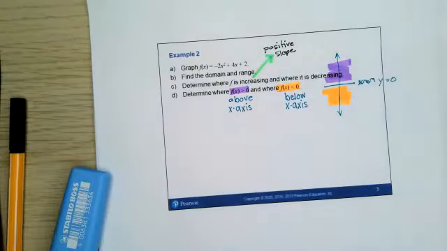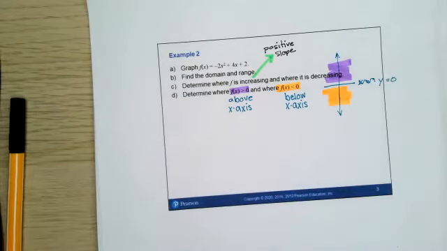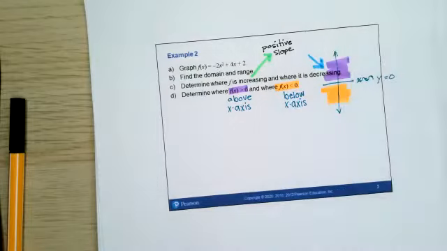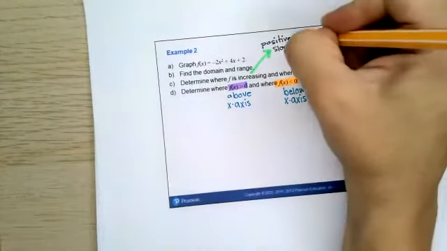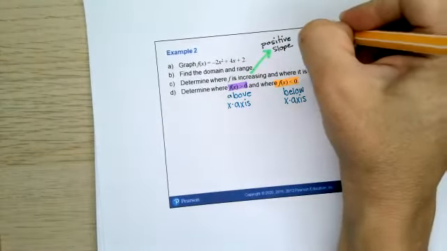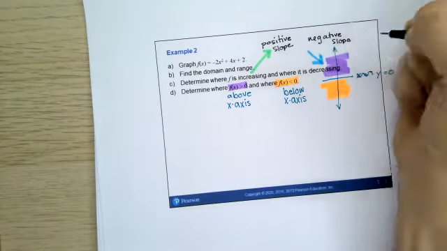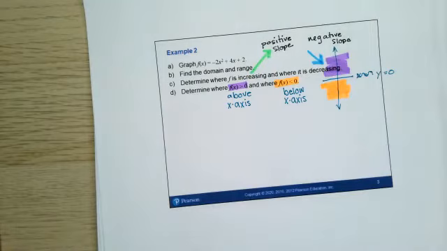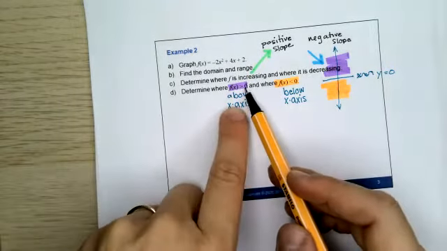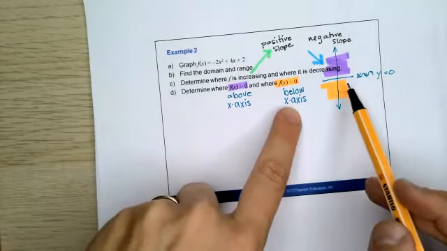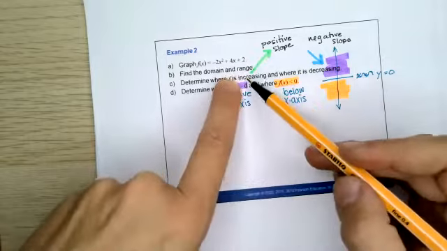And where it is decreasing, negative slope. Good. So now we defined our terms. F of x is greater than 0 means it's going to be up here on my graph. F of x is less than 0 means it's going to be down here on my graph.